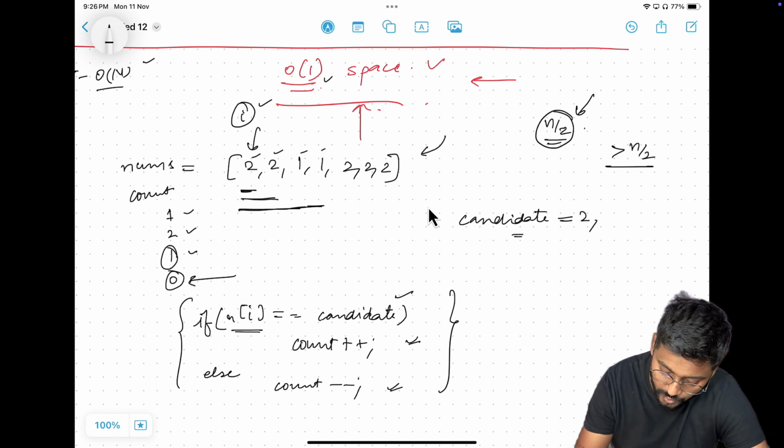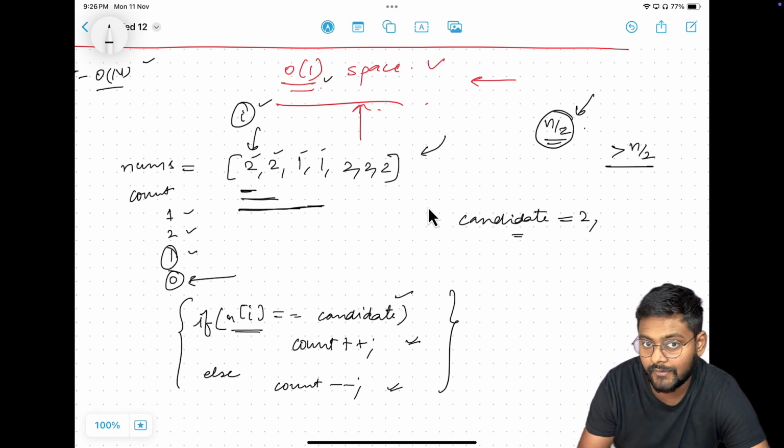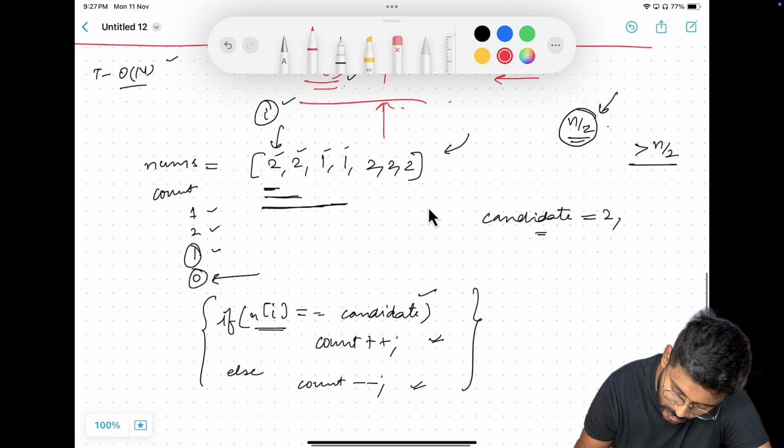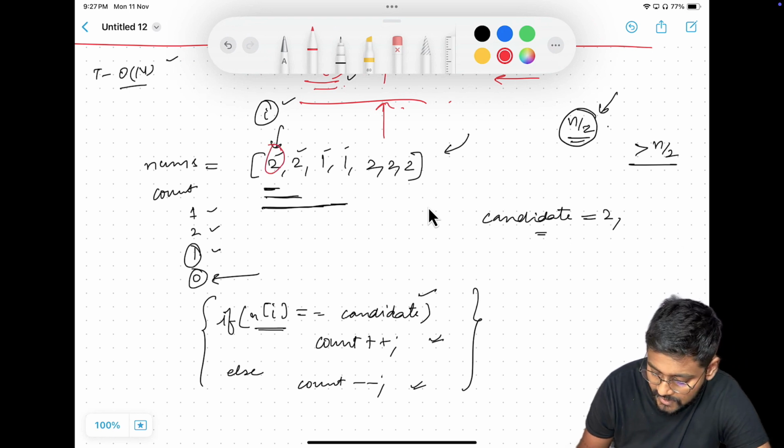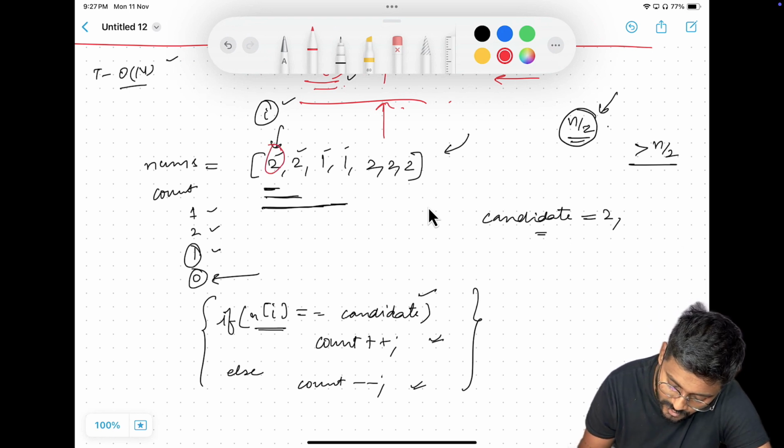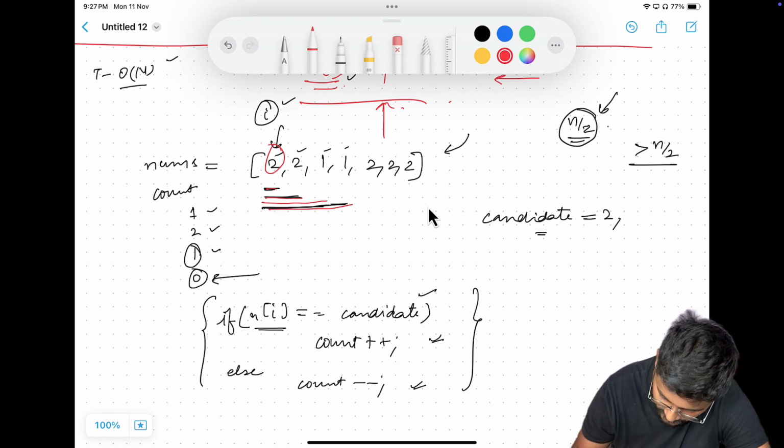What we are going to do here is, we will try to update our candidate. Initially, I assume that this is my candidate, and I work on this array, and this array as well, and this array till 1.